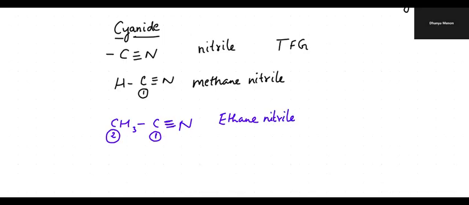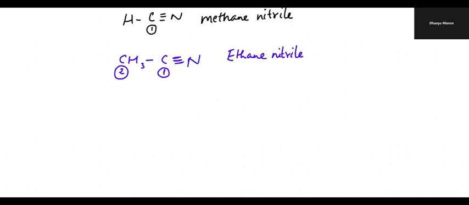Okay, so let's draw some bond line structures and name them. If I have a structure like this, C triple bond N, and I have a double bond over here. So this is carbon, carbon, carbon, carbon, carbon. Here it is CH3, here also it is CH3.